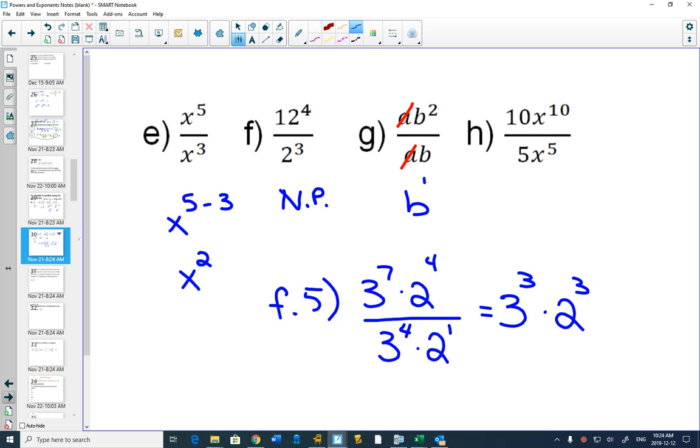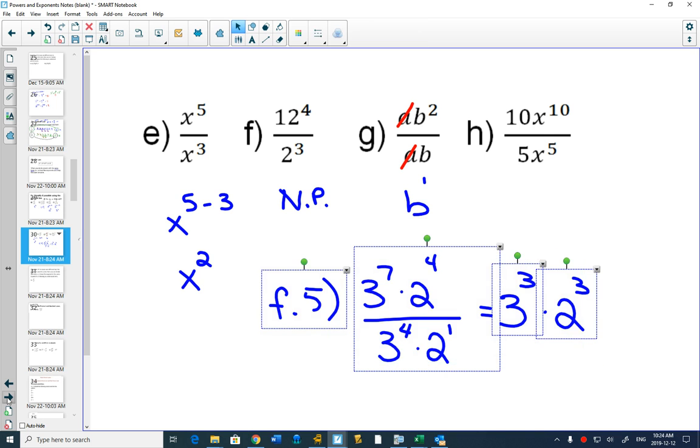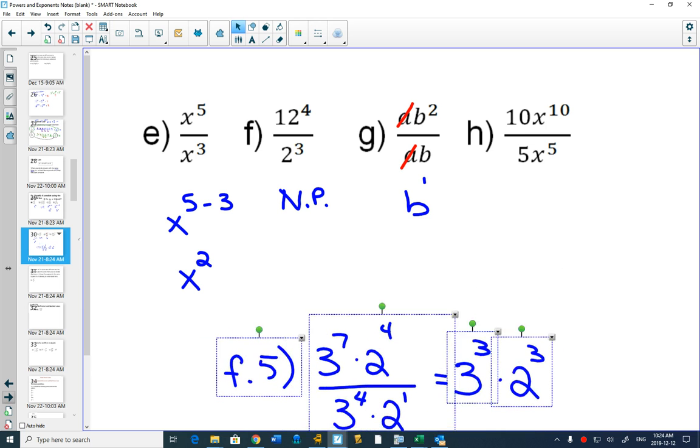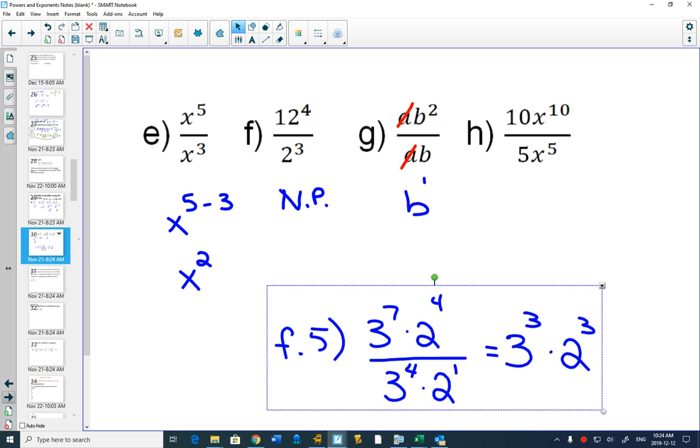Mr. Dreher, I'm confused on this question. Okay. So when you have more than one power, you simplify the powers with the same bases. So with the 3 to the 7 and 3 to the 4, I can subtract the exponents and get 3 to the 3.